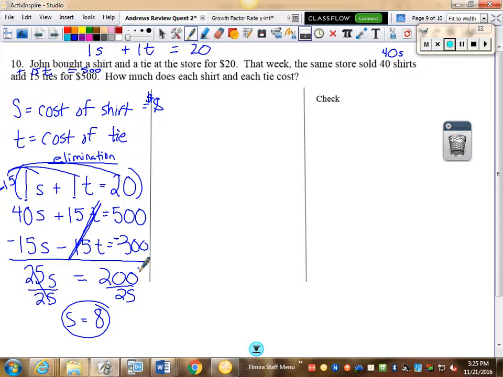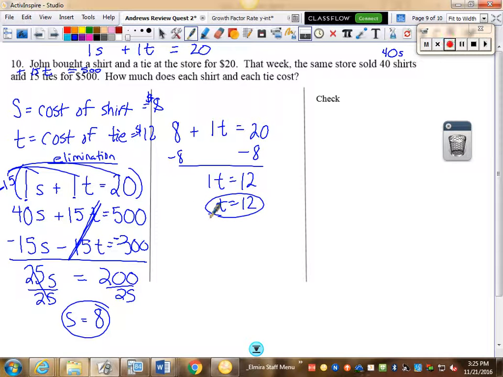Now we've got to find the cost of the tie. Well, one shirt is $8 plus one tie equals 20. So a tie costs $12.